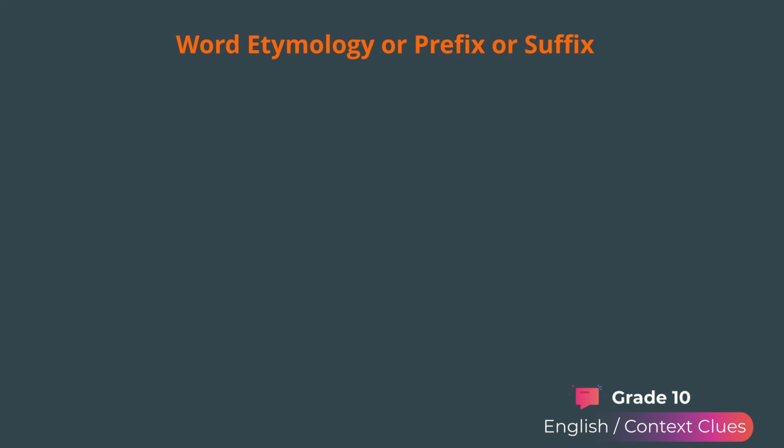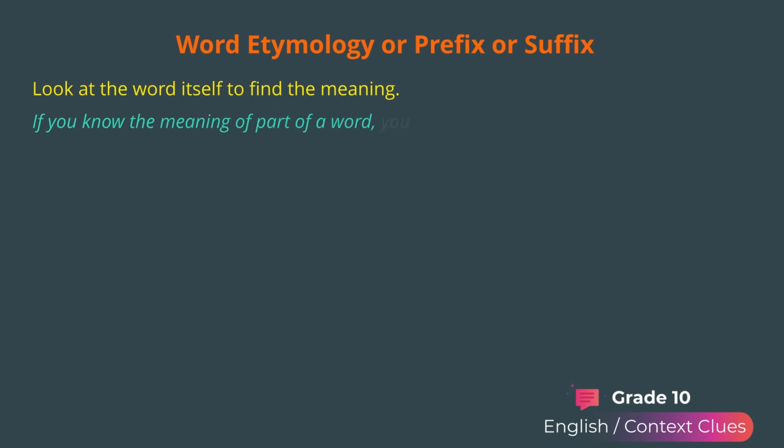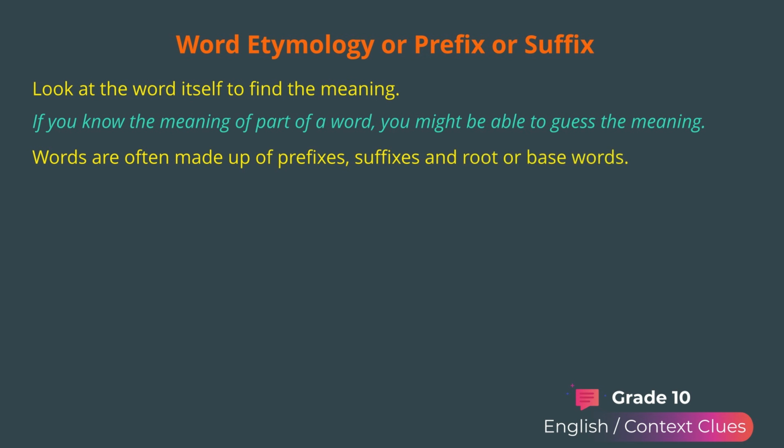Word etymology or prefix or suffix. Sometimes it is important to look at the word itself to find the meaning. Many words are made up of common parts. If you know the meaning of part of a word, you might be able to guess the meaning. Words are often made up of prefixes, suffixes, and root or base words. By studying prefixes, suffixes, and root and base words, we can build our vocabulary.